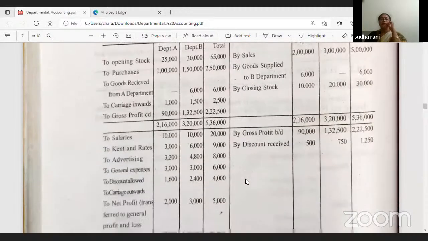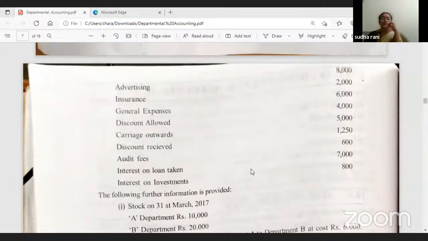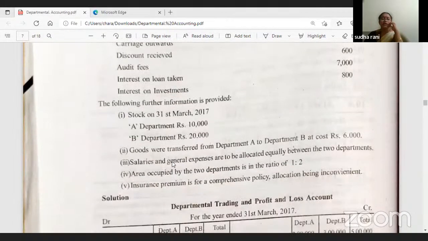So what is in the trading account? You will get one more information he gave at the end. Goods received or transferred from Department A to Department B at the cost of 6,000.